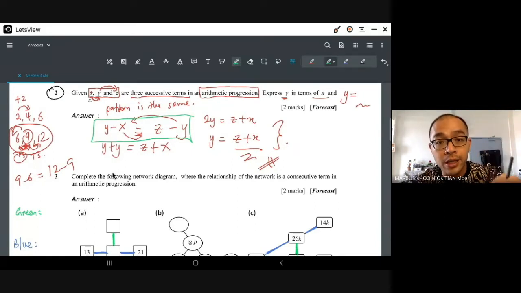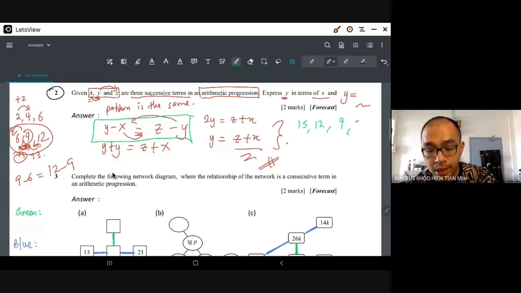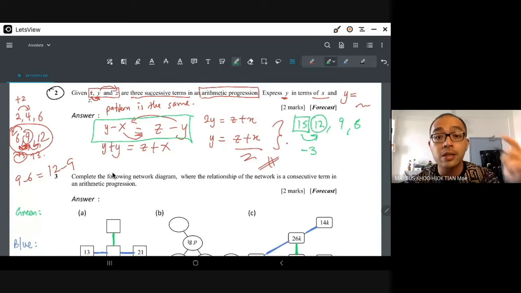If the pattern is negative, for example 15, 12, 9, 6, the numbers keep decreasing. What is the pattern? The pattern is minus 3. How do you get minus 3? 12 minus 15. It's always the number in front minus the number behind. That's how you get the pattern.